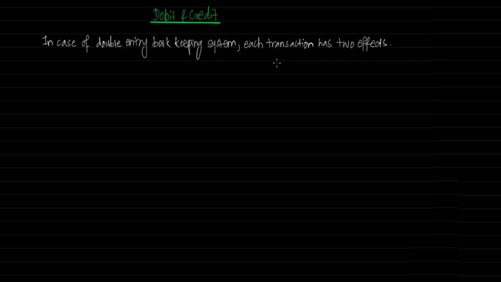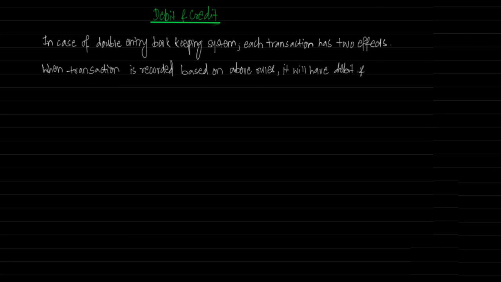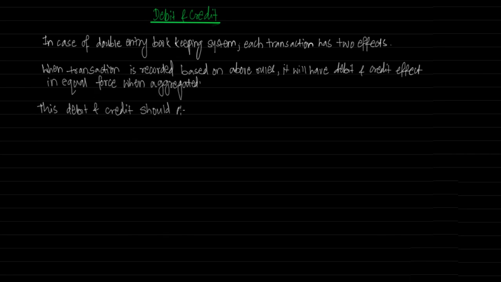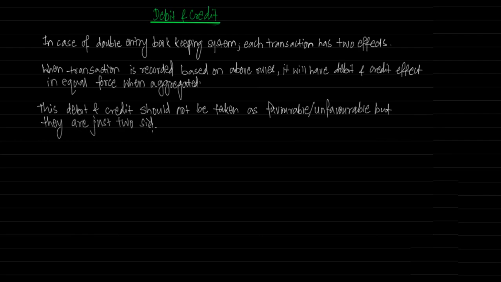Similarly, each and every transaction has two effects. And there is one interesting fact: when a transaction is recorded based on the above rules, it will have debit and credit effect in equal force when aggregated. This debit and credit should not be taken as favorable or unfavorable, but they are just two sides of accounts.